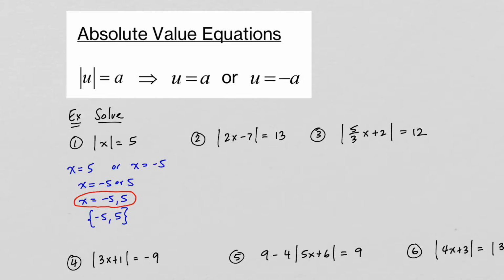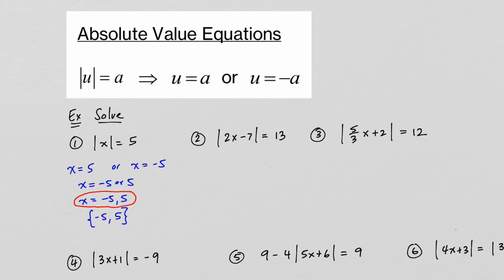Okay, next example. Suppose we have the absolute value of 2x minus 7 is equal to 13. The whole point is whatever is inside the absolute value can only be 13 or -13 if its distance from 0 is supposed to be 13 units.